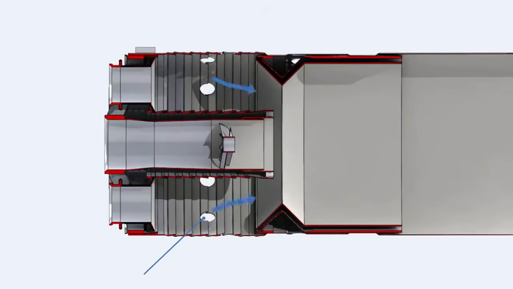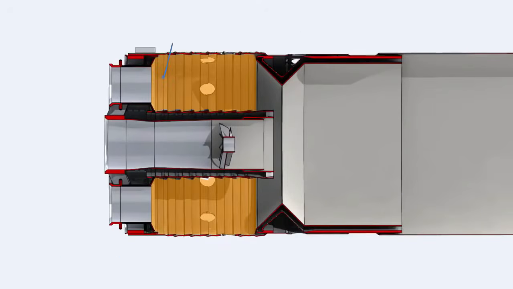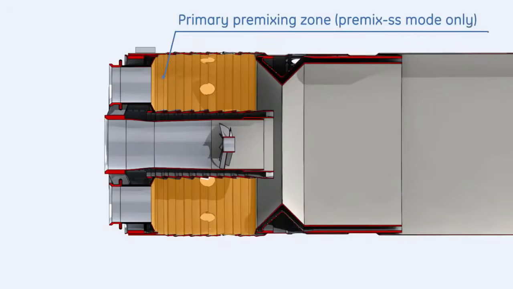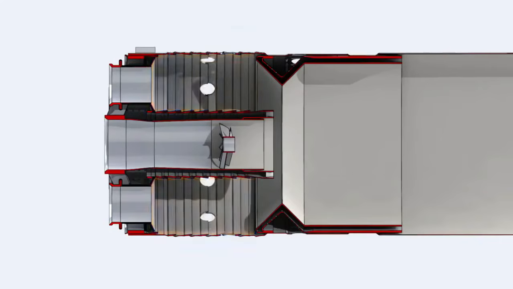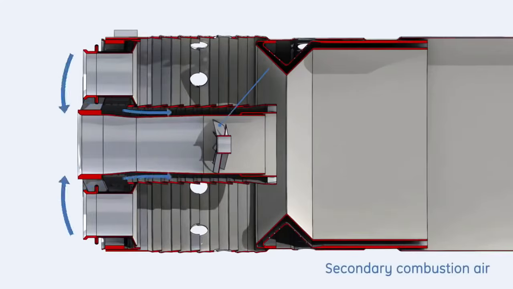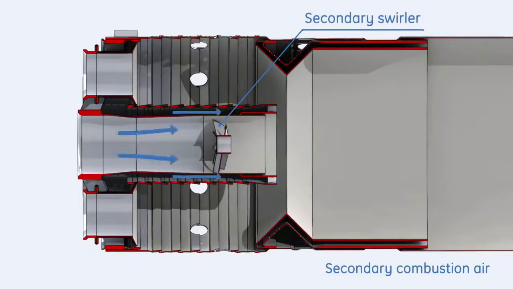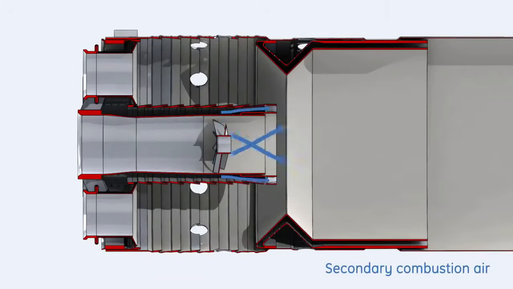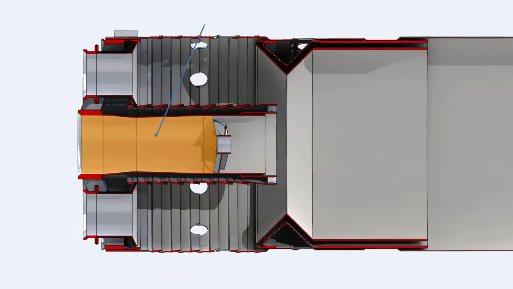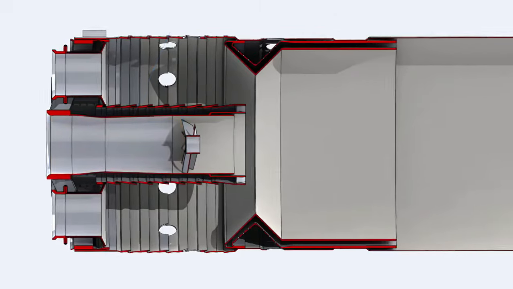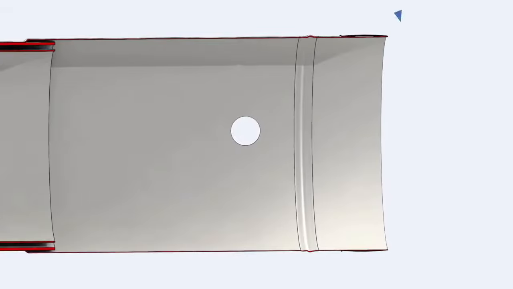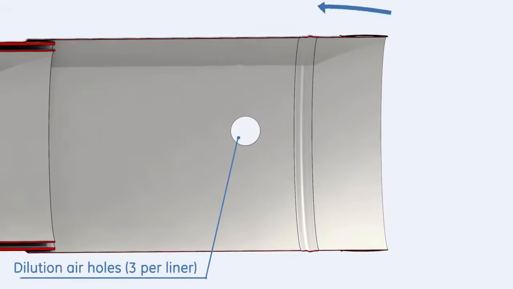Air enters from metering holes for combustion functions. Secondary combustion air enters through the center body. Dilution air enters the liner from 3 holes at the aft side of the liner.